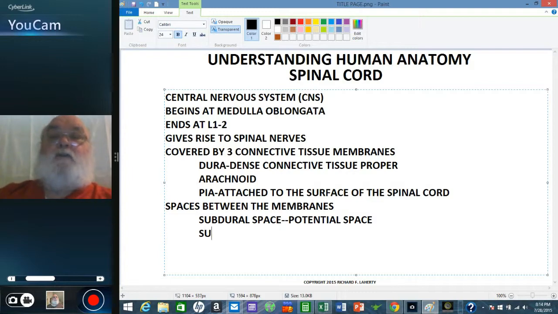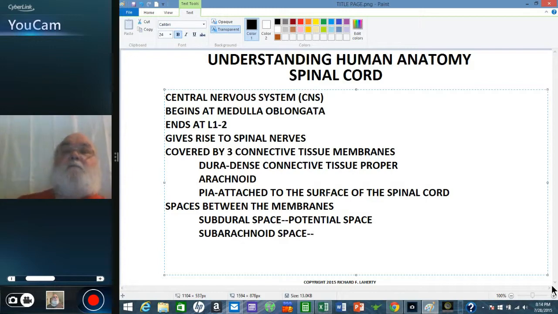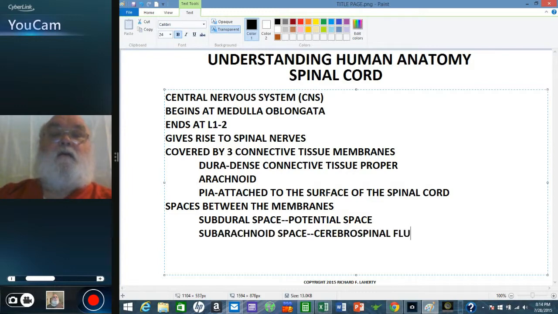The subarachnoid space is a space between the arachnoid and pia, and the subarachnoid space is filled with cerebrospinal fluid. And that is abbreviated CSF.